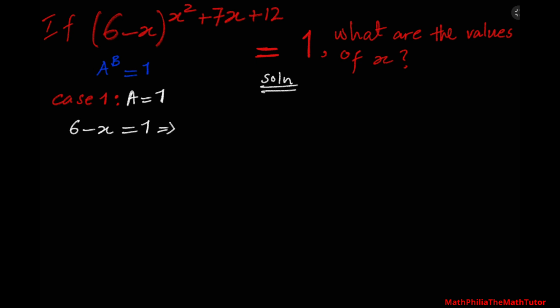Well, from here, solving for x, we bring x here, and if you bring 1 to this side, 1 will be negative 1. 6 minus 1 is just 5. So from here, we get our x as 5. This is our first value of x. Let's move to case 2.